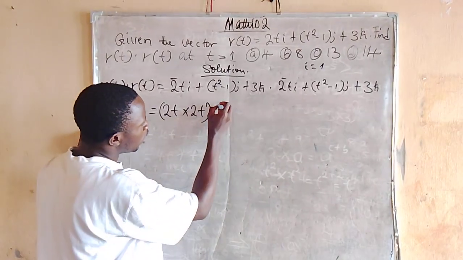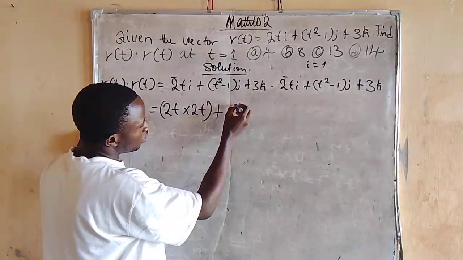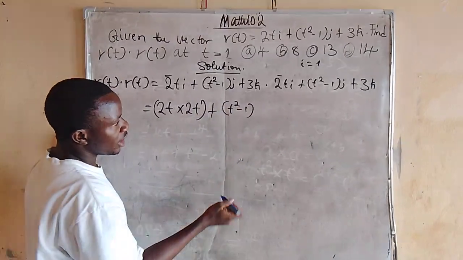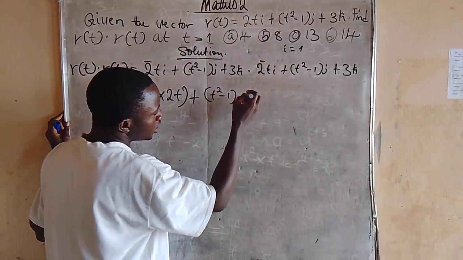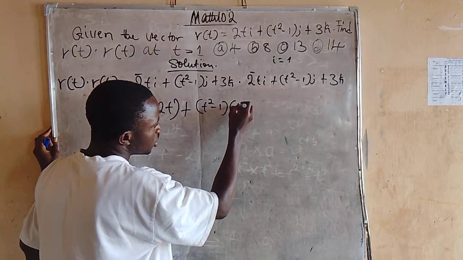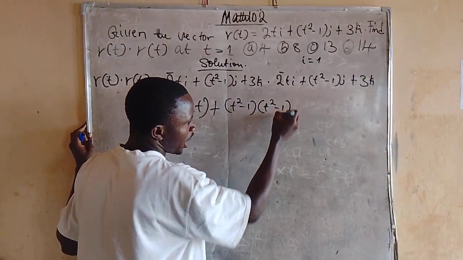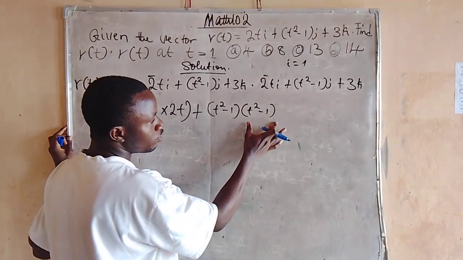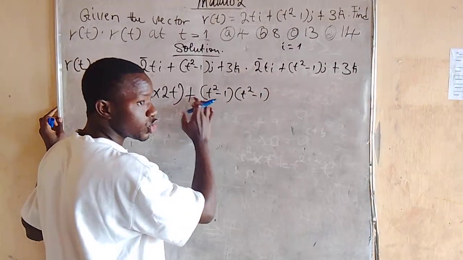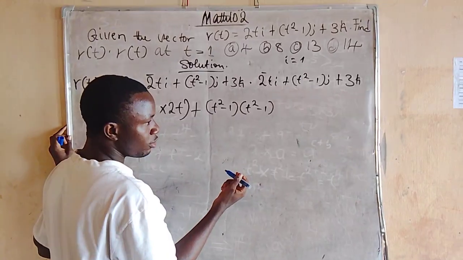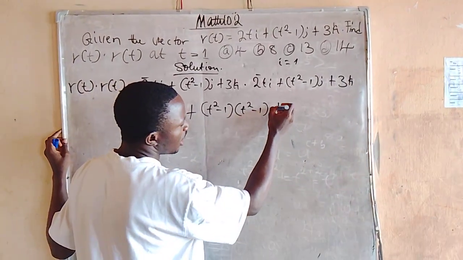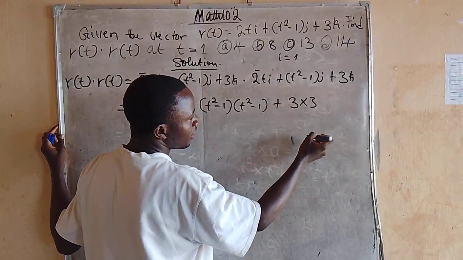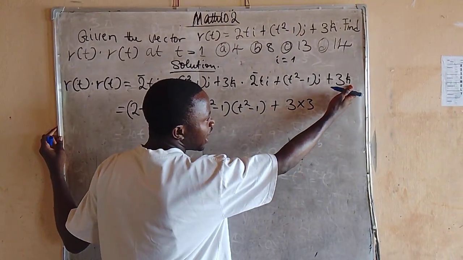So we have plus (t squared minus 1) multiplying another (t squared minus 1). Everything here is for the j component, and j multiplied by everything here gives what we have inside the bracket. Then we have plus 3 multiplied by 3, multiplying k.